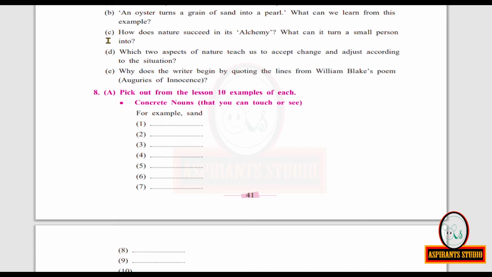It can turn a small person into anything he or she wishes. One touches nature and becomes gold oneself.